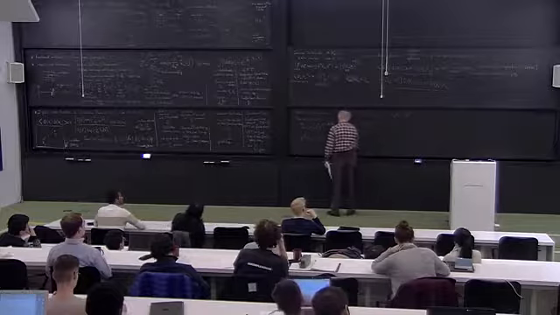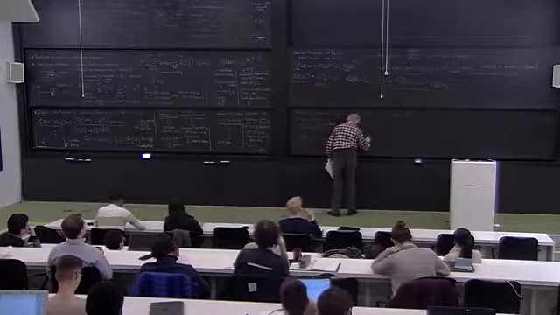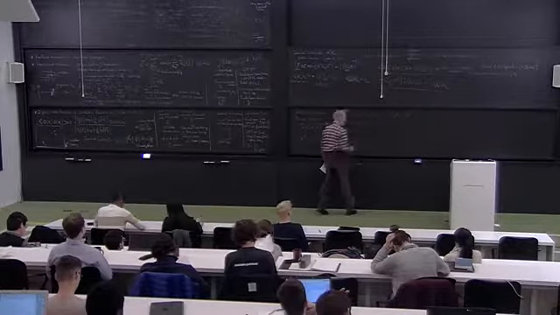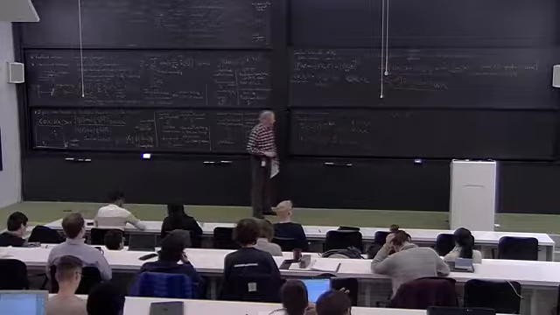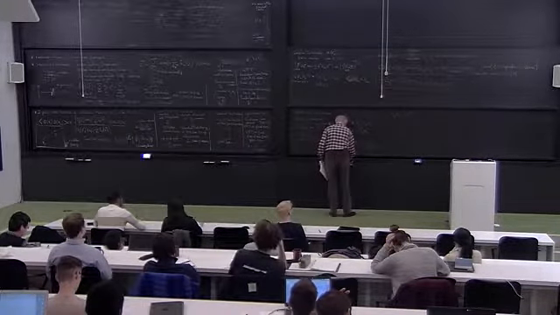Which means, of course, immediately that G hat of k is just a Lorentzian in k, the first important result.